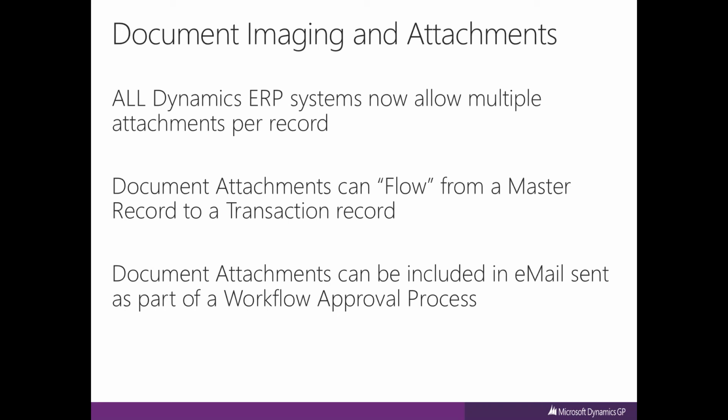Examples might be things like a terms and conditions document, a current price list, any other restrictions or advice, whatever information you want to share with someone working with that master record. I can attach that record and then have that flow forward.